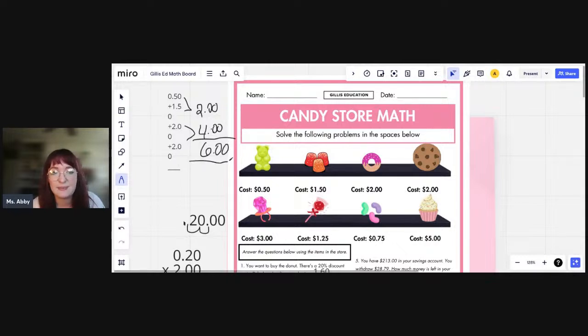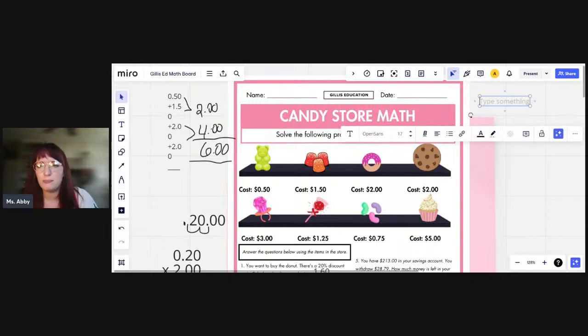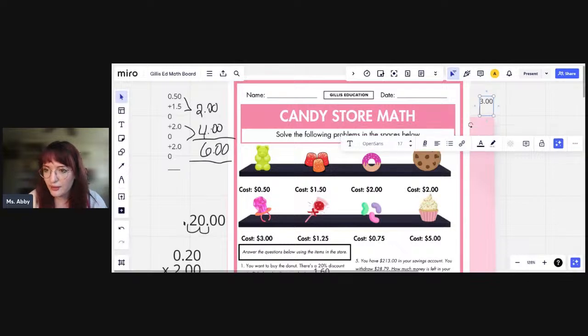But we're not done because we still have to add the bottom row. So the bottom row, I'm going to do the math off to the side on the right-hand side over here. That's going to be $3. And then plus $1.25, which is 1.25.